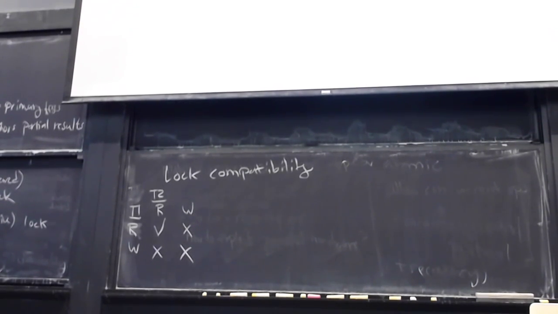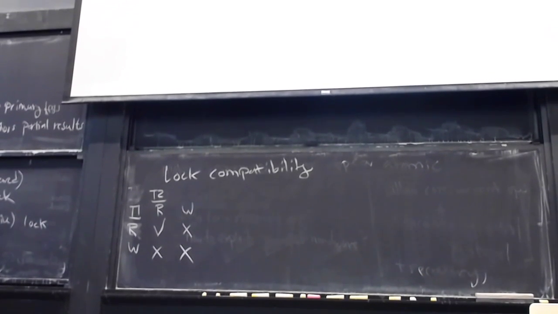However, if another transaction is holding a lock, then it has to consult the lock compatibility rules. So if it wants to acquire a read lock and another transaction has a read lock, that's permitted. But in any other case, it's not. If it wants to acquire a read lock and another transaction has a write lock, that's not permitted. If it wants to acquire a write lock and another transaction has a read lock, that's not permitted, and so on and so forth.